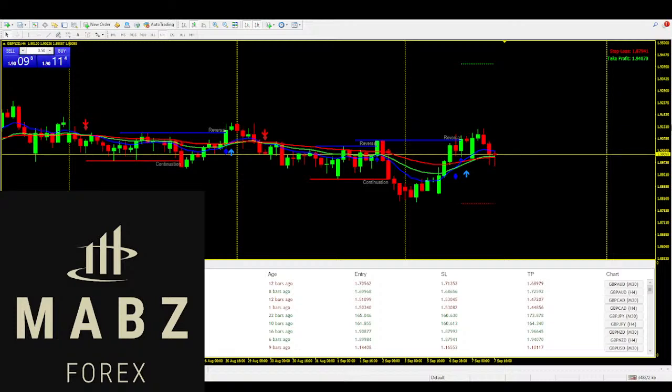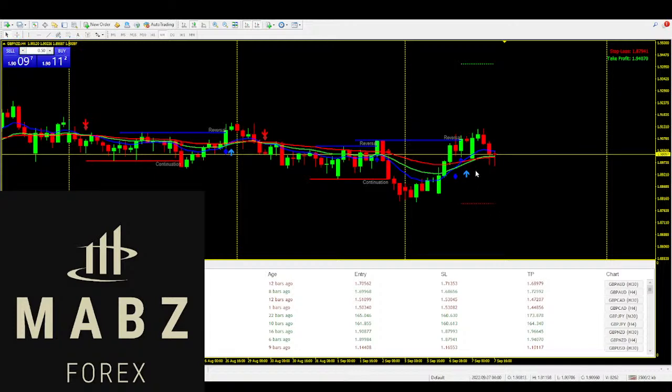So this is what we want to see, guys. The first thing for a buy setup, the general rule, is you want to see an arrow pointing up. That arrow pointing up tells you that you need to be getting in for a buy trade. Then the system shows you where to put your take profit and where to put your stop loss.